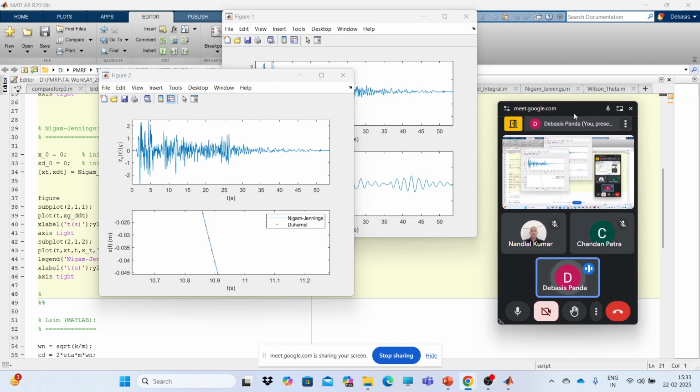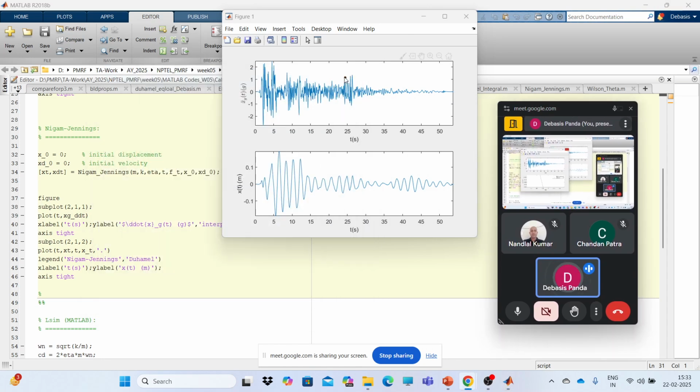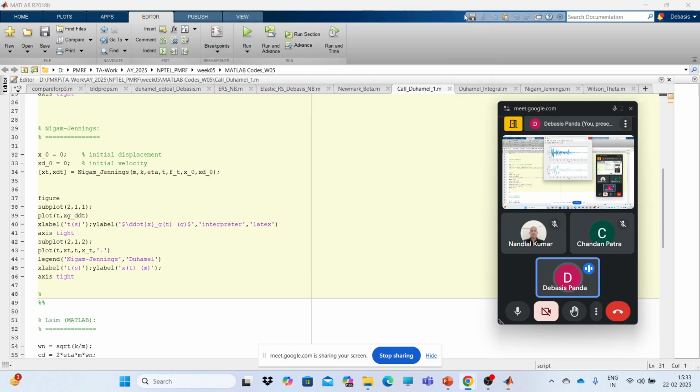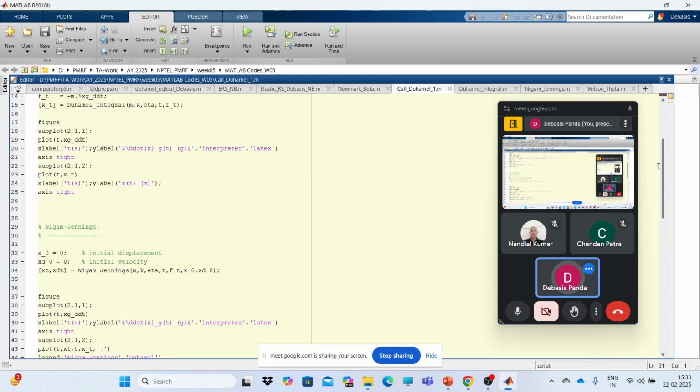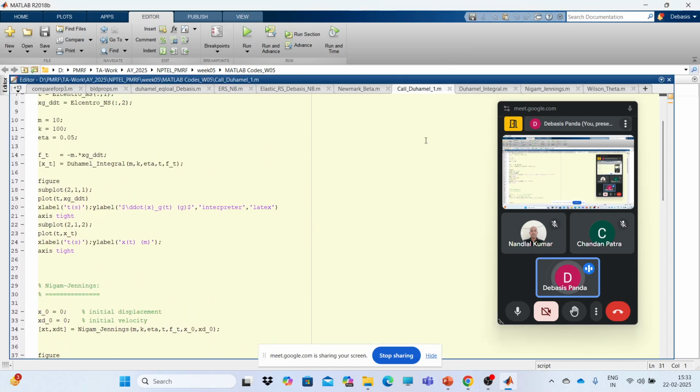Now if I want to solve different kinds of structures, like if you have different mass, different initial conditions, different damping properties, you just change the values here, and subsequently you can get the responses: displacement, velocity, and also the acceleration. If you get the displacement and velocity, you just need to use the diff command to get the accelerations also.